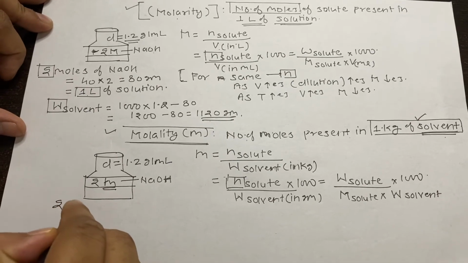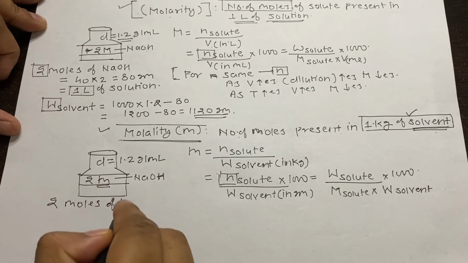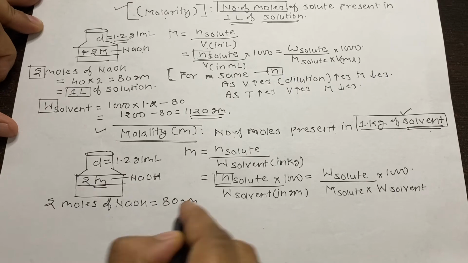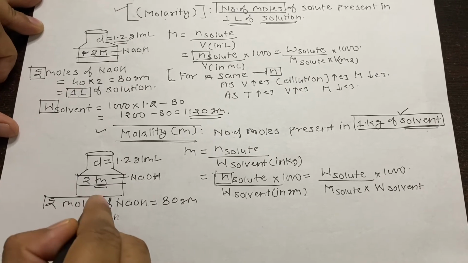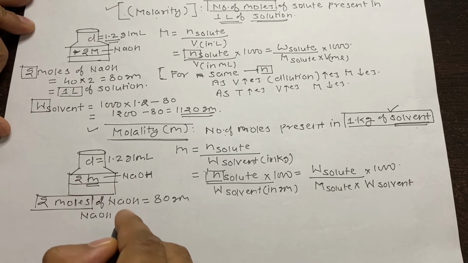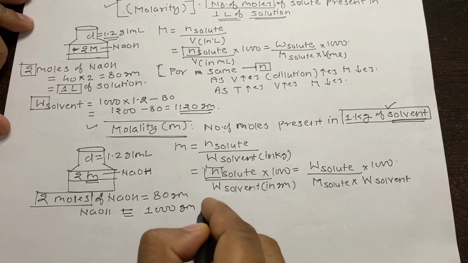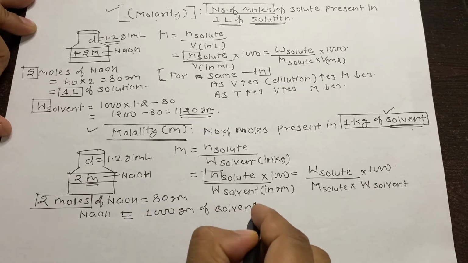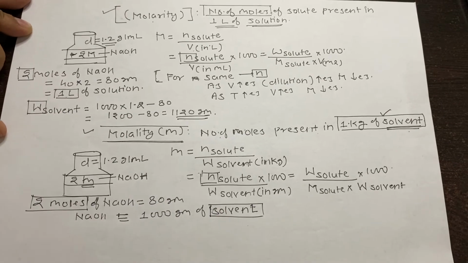So we say that 2 moles of NaOH, or 80 gram of NaOH, is present in 1000 gram of solvent. This is the way of decoding.